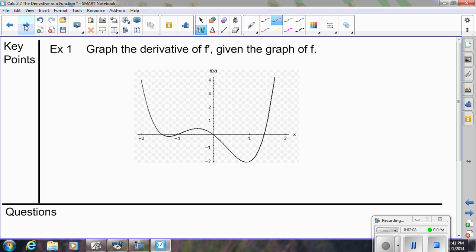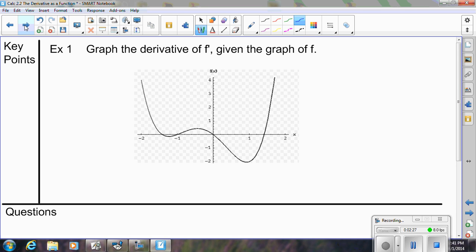All right, so here's our first part. We are given the graph of a function f. We need to graph its derivative f prime. Please remember, what is the derivative? The derivative is the slope of a tangent line.